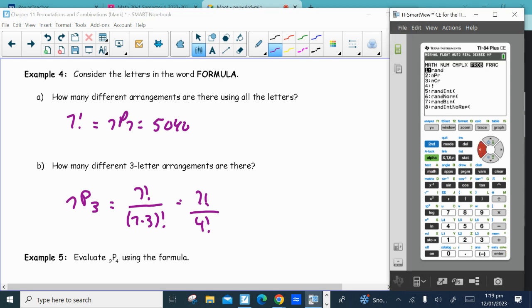You can just use the permutation function of our calculator to do 7p3. But if we did 7 factorial over 4 factorial, it'll be the same, no matter which way you do it.